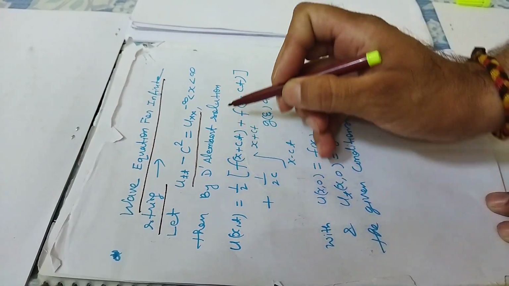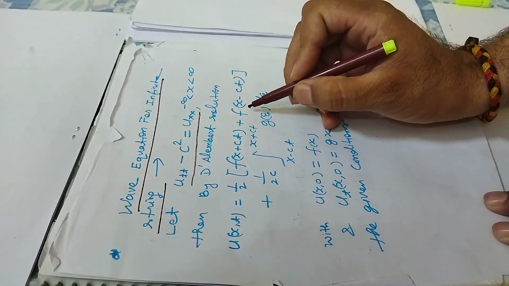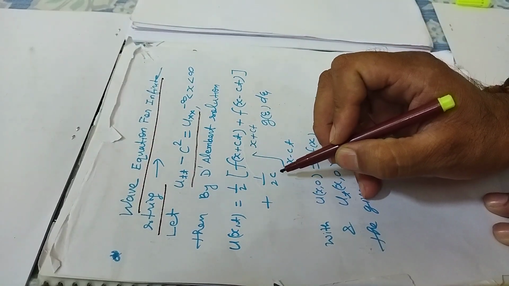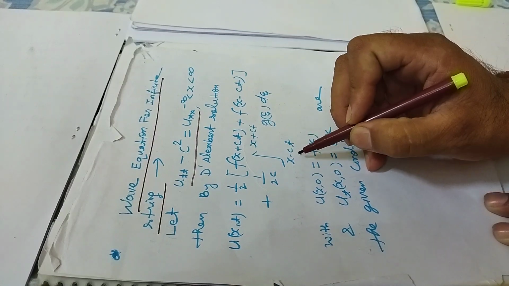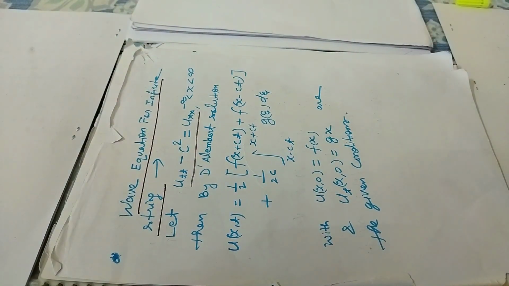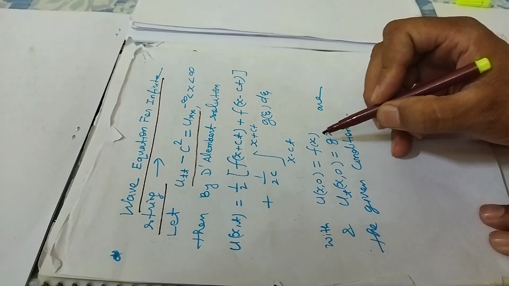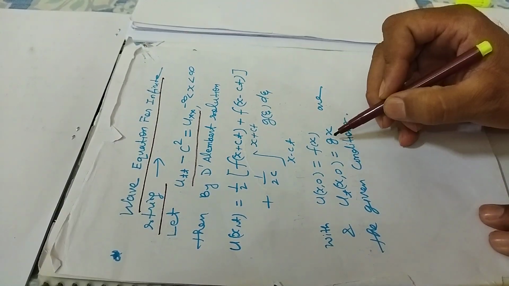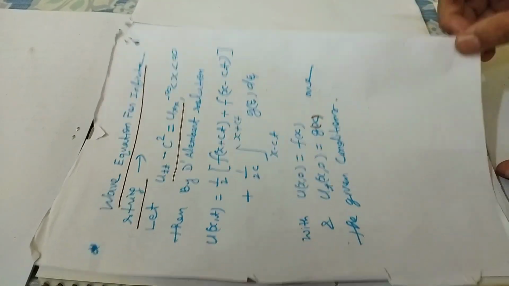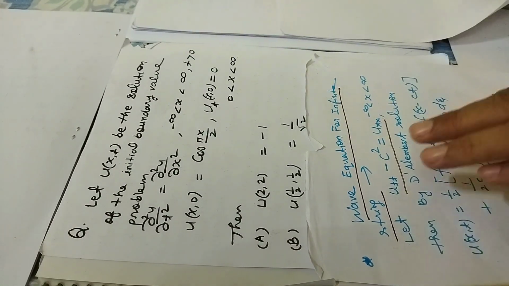Then by D'Alembert's solution, u(x,t) is equal to 1 by 2 [f(x plus ct) plus f(x minus ct)] plus 1 by 2c integration from x minus ct to x plus ct of g(eta) d eta, with initial conditions u(x,0) is equal to f(x) and u_t(x,0) is equal to g(x) as the given conditions. Okay, so let us compare it.